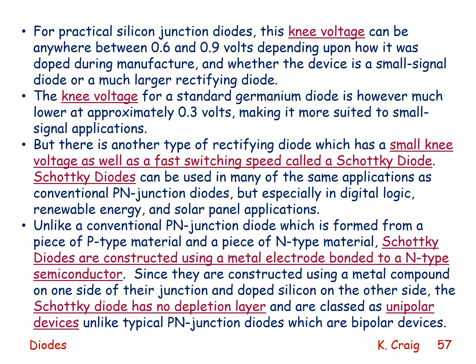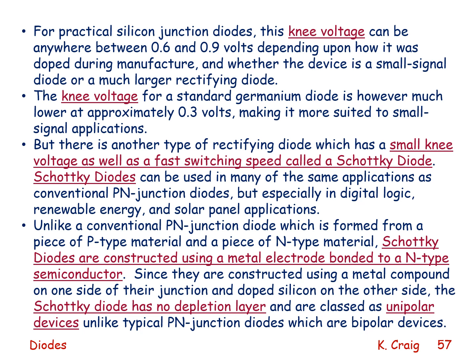Schottky diodes can be used in many of the same applications as conventional p-n junction diodes, but especially in digital logic, renewable energy, and solar panel applications. Unlike a conventional p-n junction diode, which is formed from a piece of p-type material and a piece of n-type material, Schottky diodes are constructed using a metal electrode bonded to an n-type semiconductor.